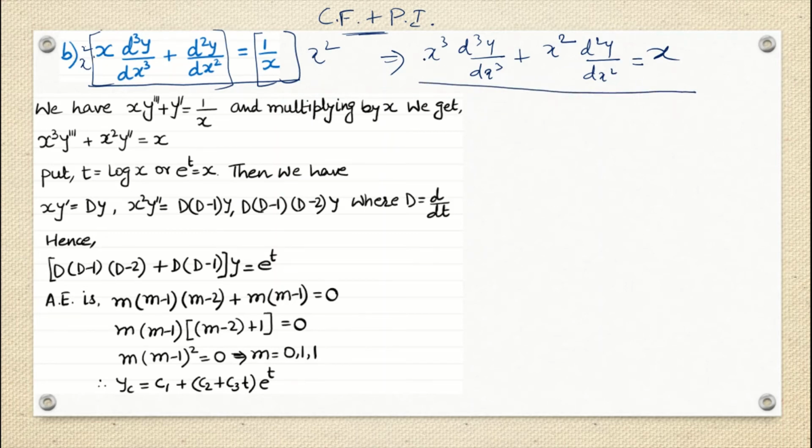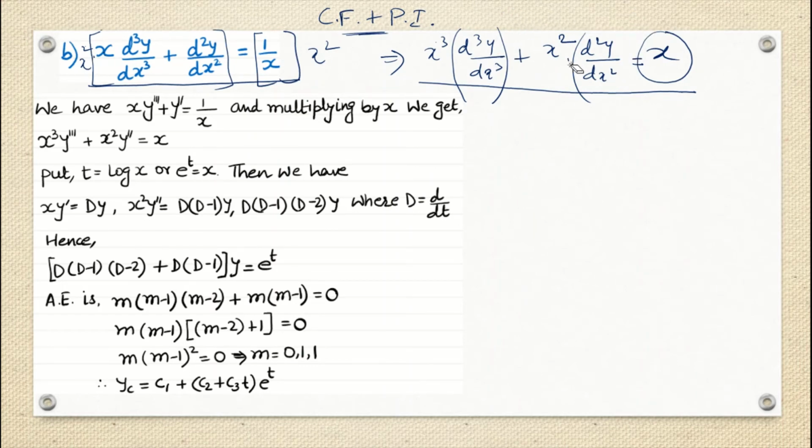So what is this differential equation? We don't really bother about the right hand side, whatever is given. In my left hand side, I now see that it is x cube with d cube y by dx cube, and x square with d2y by dx square. So this is my Cauchy's homogeneous linear differential equation. This is linear because I can't find a power of 2, 3 or any power on y here. But I'm not worrying about the power of x, because x is not the dependent variable.